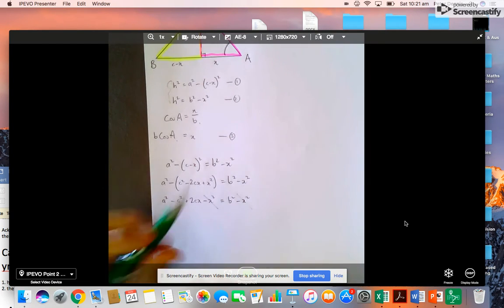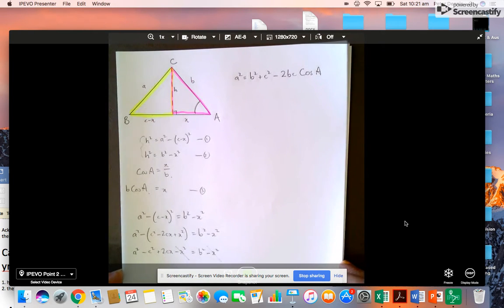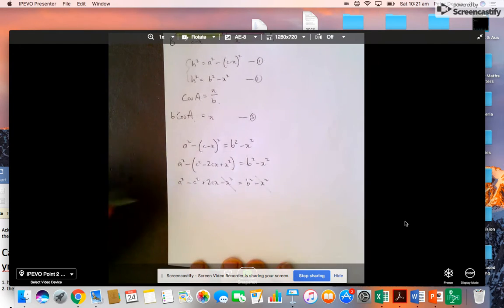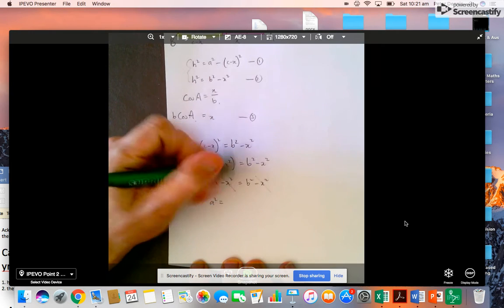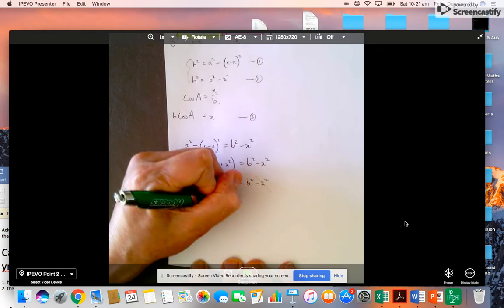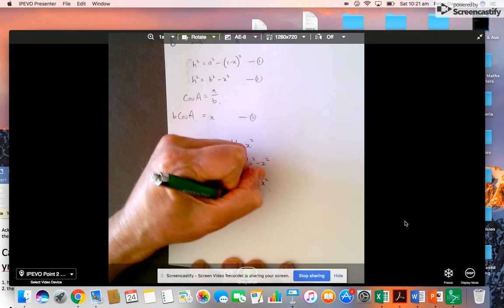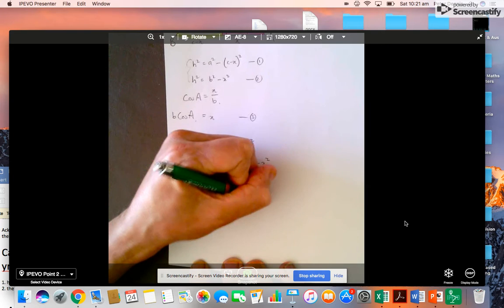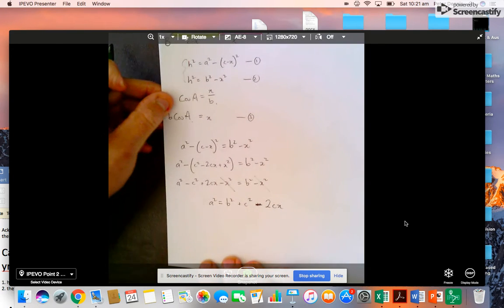And if we write it like the formula that we're aiming for, a squared equals b squared plus c squared minus 2bc cos A, if we write it like that, what we're going to get is a squared equals the b squared. This minus c squared, when we take it over, becomes plus c squared. This plus 2cx becomes minus 2cx. So we're getting fairly close.